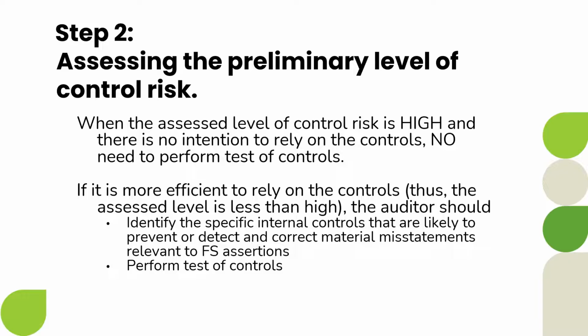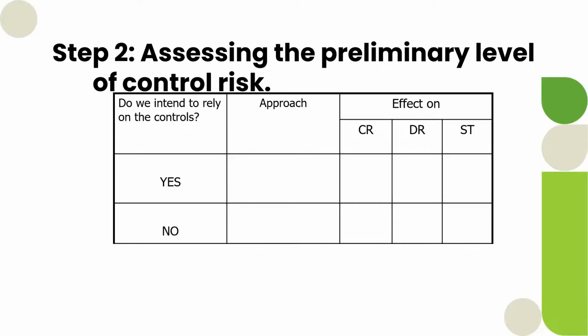However, if it is more efficient to rely on the controls, thus you have assessed it at less than high, or sometimes you call this one low, or sometimes you call this one below maximum, then we already know that you should first identify the specific internal controls that are likely to prevent or detect and correct material misstatements relevant to the FS assertions, and then perform tests of controls. Take note again that you first have to identify what specific internal controls there are that you intend to rely on. And then once you have identified those specific controls, then you test those controls.